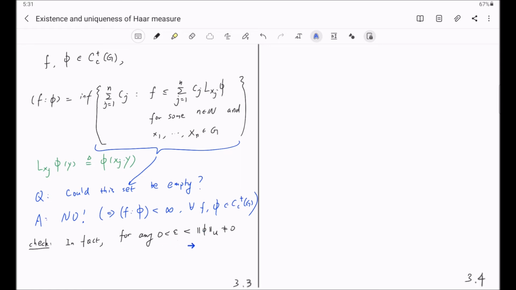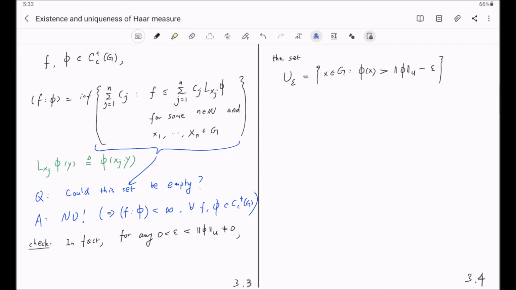Now for any epsilon between 0 and this number, we consider the following set. The set U_epsilon, which is defined by the collection of points in G such that phi of x is greater than the supremum norm of phi minus epsilon.